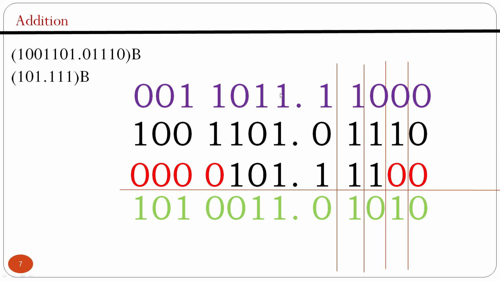Then 1 plus 1 plus 1 is 1 with carry 1. Then 1 plus 1 is 1 0, 0 is the sum with carry 1. Then 1 plus 1 is 0 with carry 1. This is the answer.